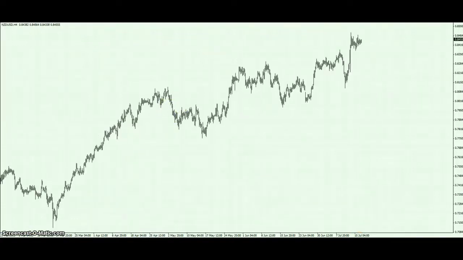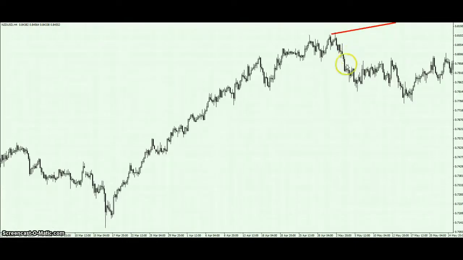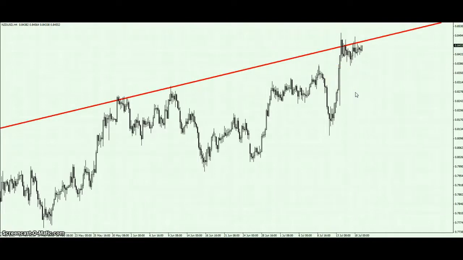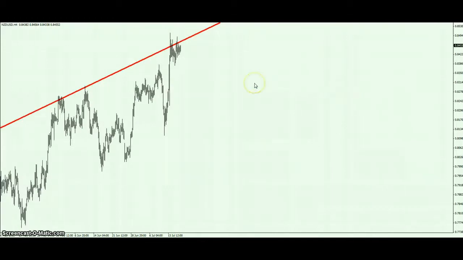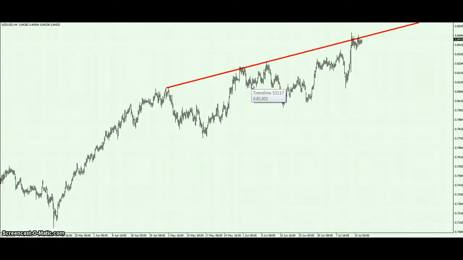Another chart that we're looking at is the Kiwi dollar, and here if I draw an upper trend line, we can see how price has come to a stall. It's tried to push through this trend line, but for all intents and purposes it's come to a stall at this trend line, and the longer that stall lasts, the more it would indicate that a short is on the cards, and that would be the bias as long as the price is tapping underneath that trend line.